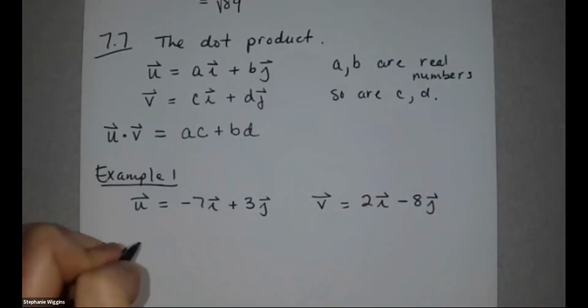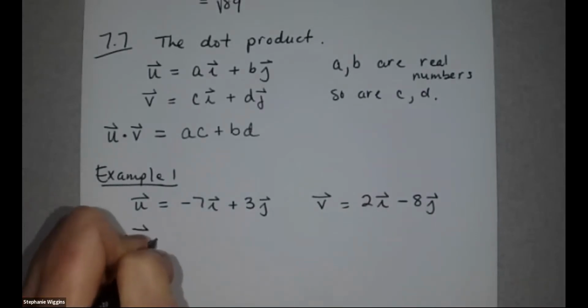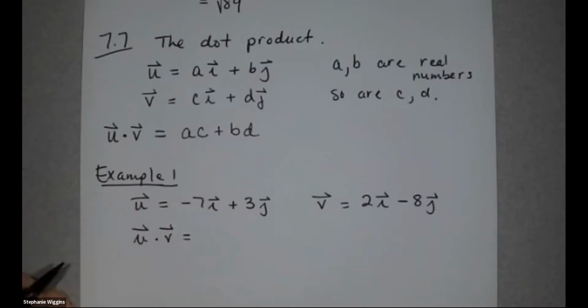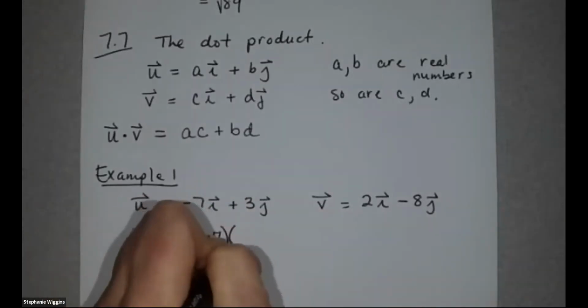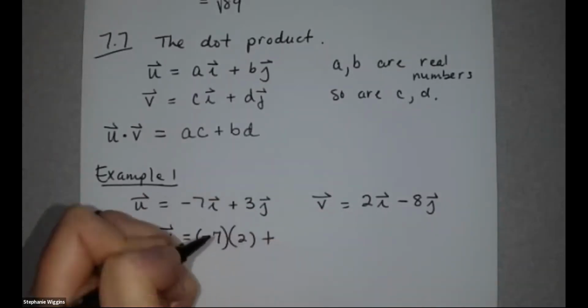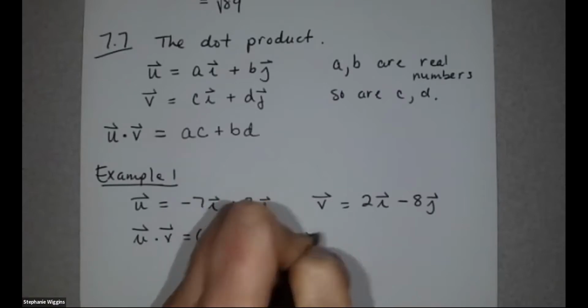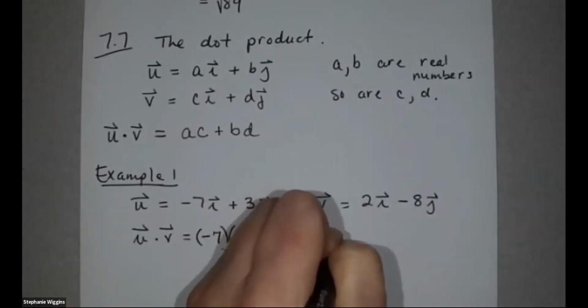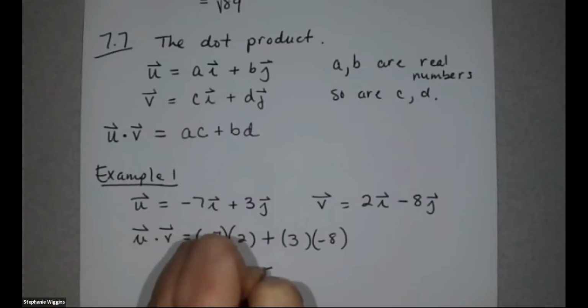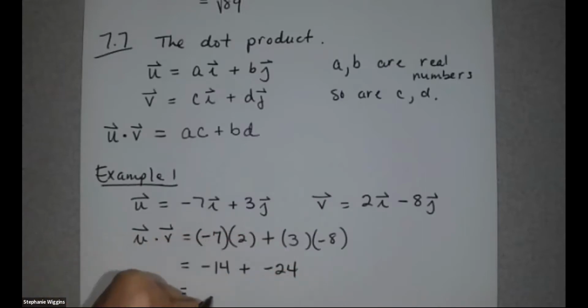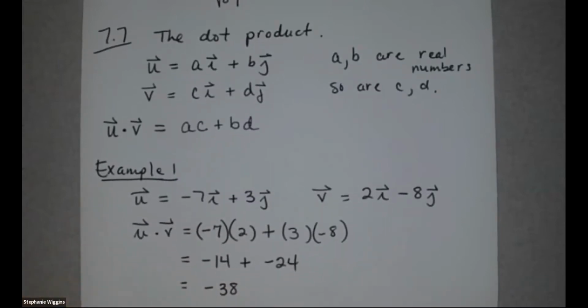Your dot product, u dot v equals negative 7 times 2 plus 3 times negative 8. And so you get negative 14 plus negative 24, which is negative 38. Okay, that's all it is. Pretty easy to do. Finally, something easy, huh?